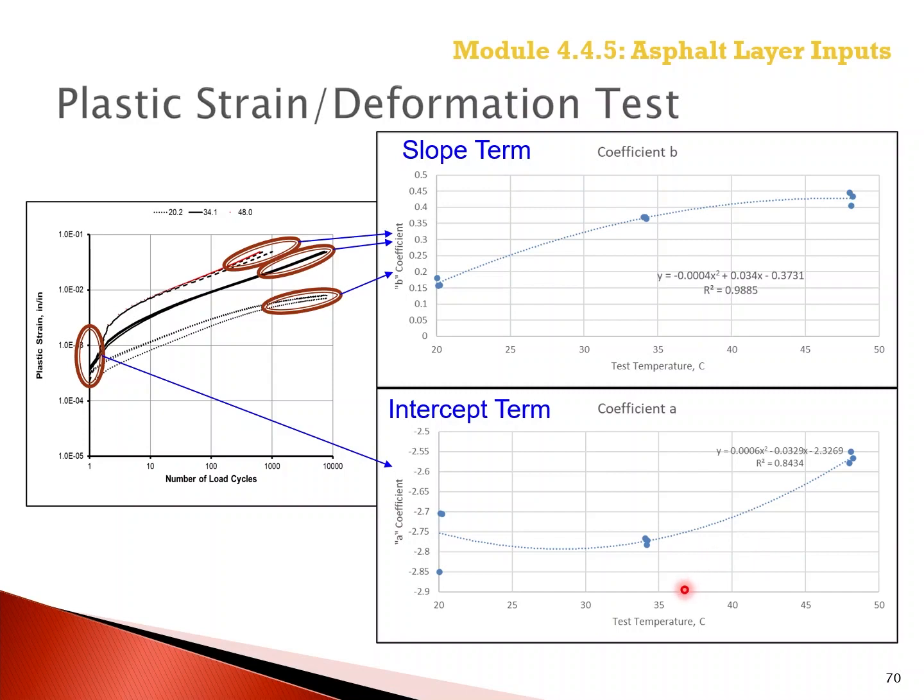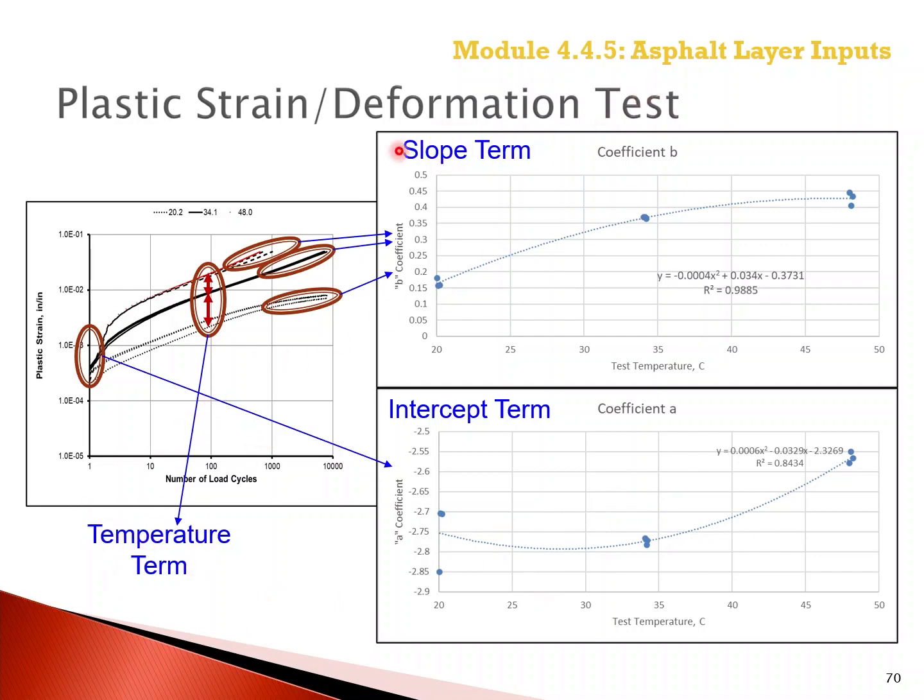The temperature exponent is determined from the intercept derived for each test temperature. The temperature term is illustrated by the difference or increase in the cumulative plastic strain between the different test temperatures, as displayed in the chart to the right.